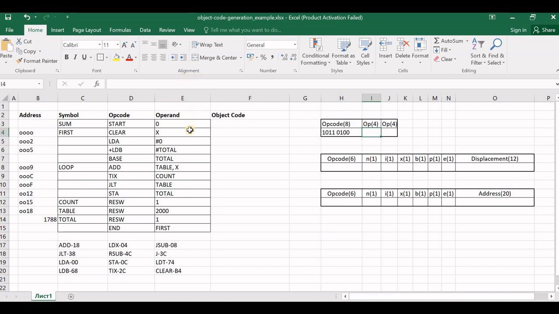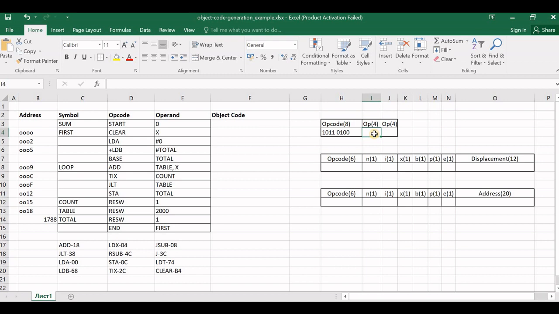Next, coming to the value of operand 1. How many operands do we have in this instruction? We have only one operand. What is that operand? X. X is a register. You must have already come across the registers of SIC/XE. In those registers, each and every register is allocated a unique number: 0, 1, 2 and so on.